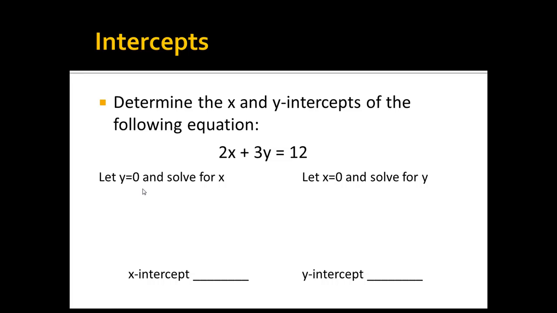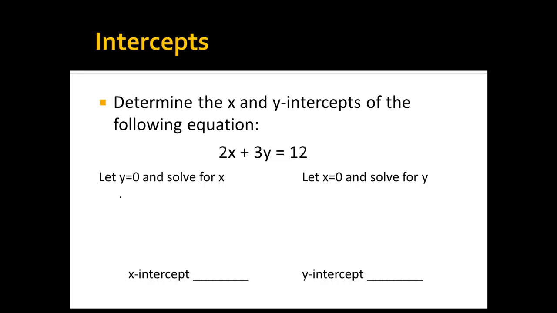Alright, let's work through one together. If we look at this line, we've got an equation 2x plus 3y equals 12. To solve for the x-intercept, we need to let y equal 0.